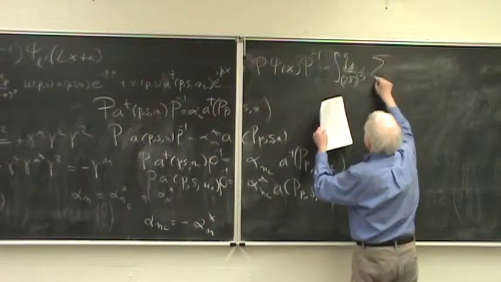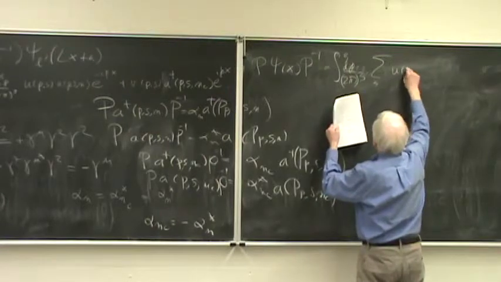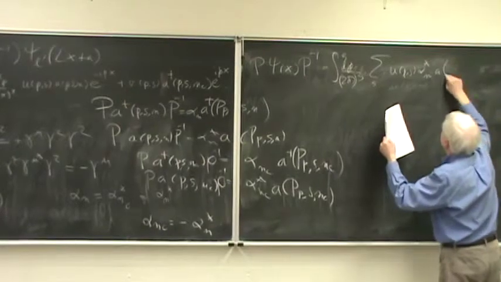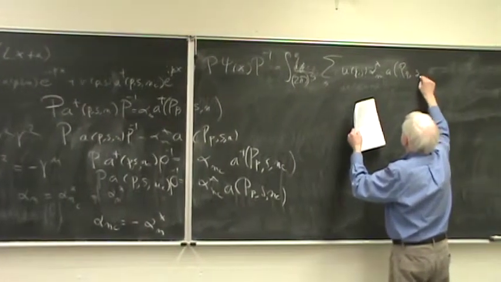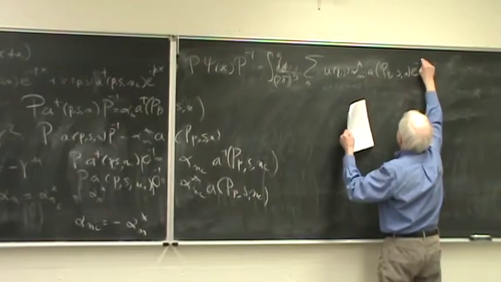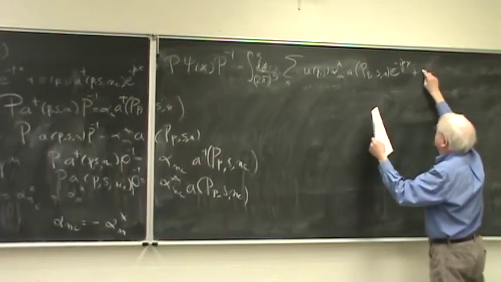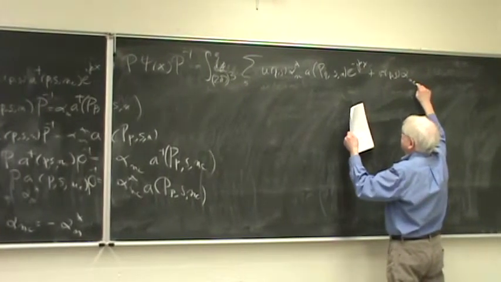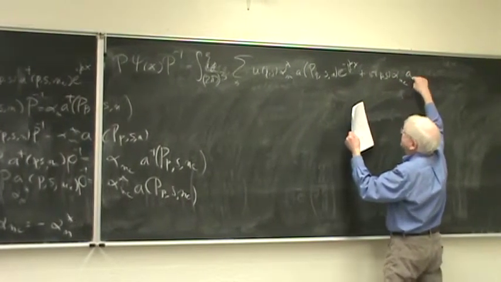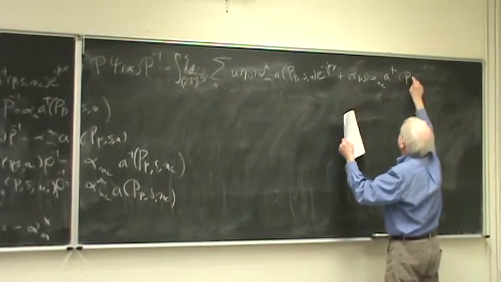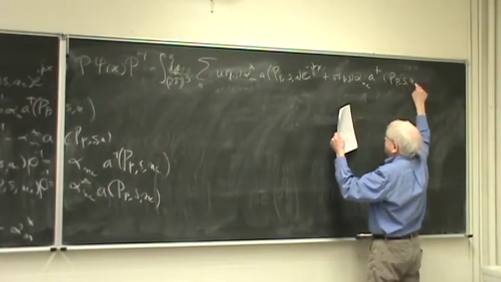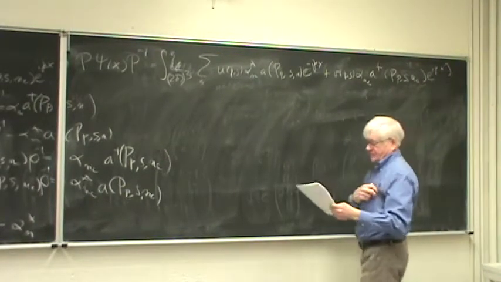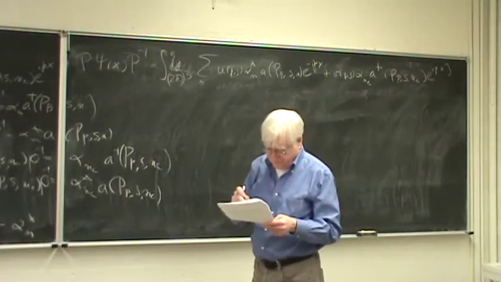What we have then is a sum over spins, and then we have u of p and s, alpha n star, a of reflected momentum s n, e to the minus i p x, plus v of p and s, alpha n^c, a dagger of reflected p s n^c, e to the i p x. Okay. Big time typo here.